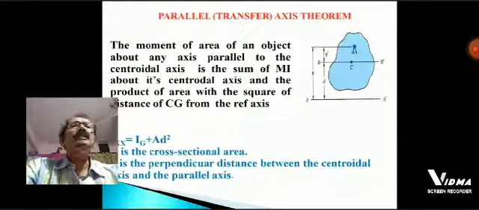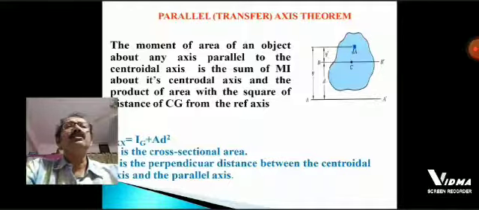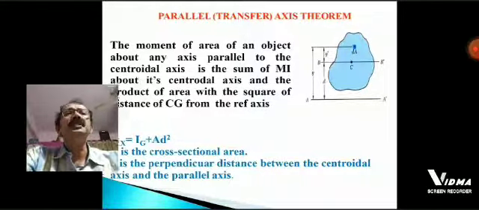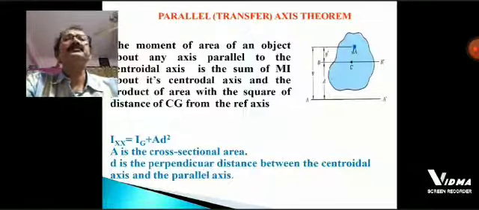Now the parallel or transfer axis theorem. The moment of inertia of an object about any axis parallel to the centroidal axis is the sum of the moment of inertia about its centroidal axis and the product of the area with the square of the distance of the CG from the reference axis.